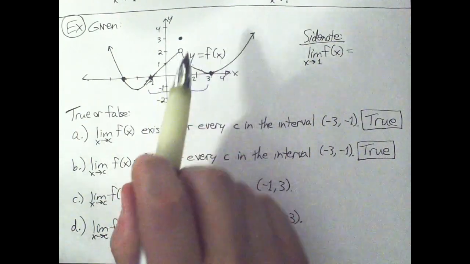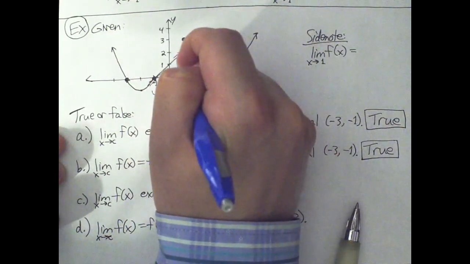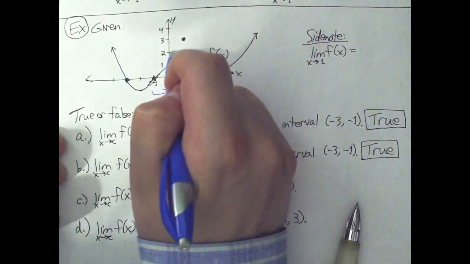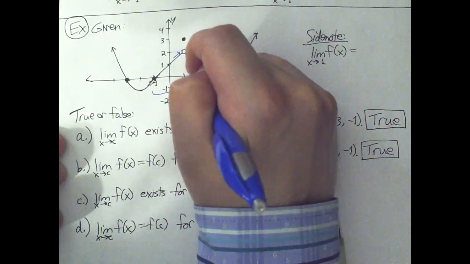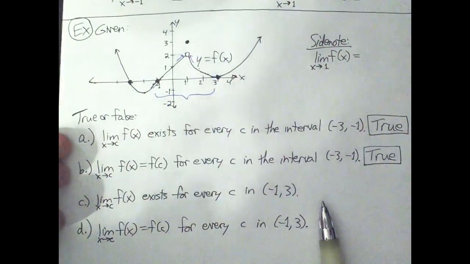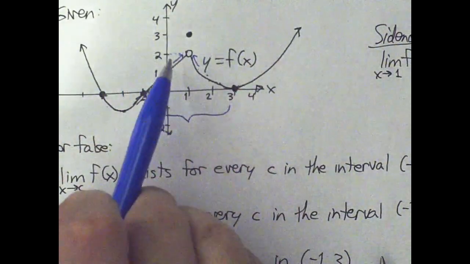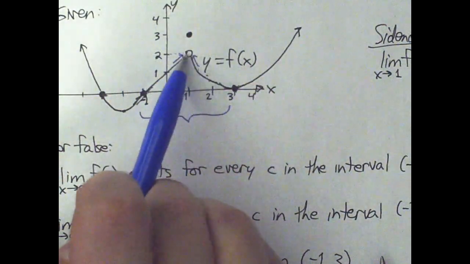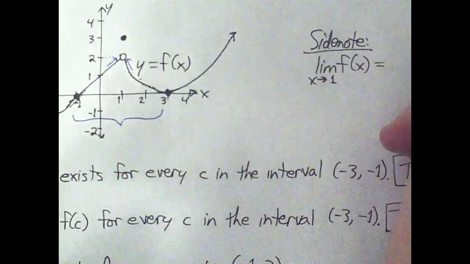All right, what happens when you approach from the left? We're approaching a height of 2. What happens when you approach from the right? Let me zoom in on this maybe. If I approach from the left or the right, either way, I'm approaching a height of 2. This limit is 2.